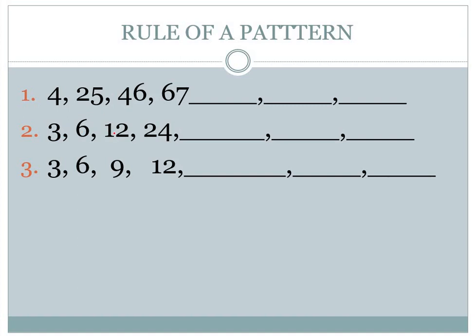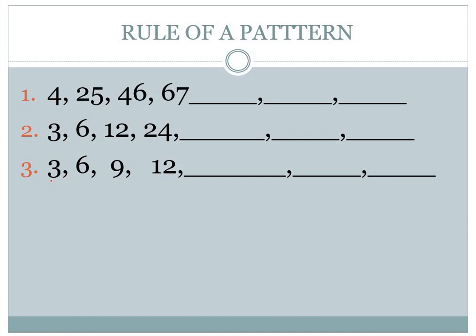When I multiply 12 by 2, I got 24. So the rule in number 2 is multiply by 2. The rule in 1 is add 21.